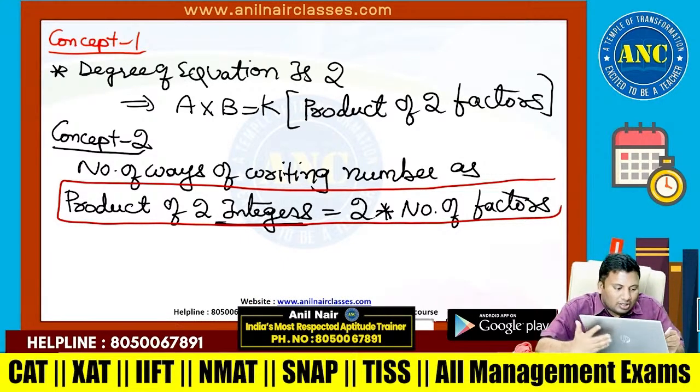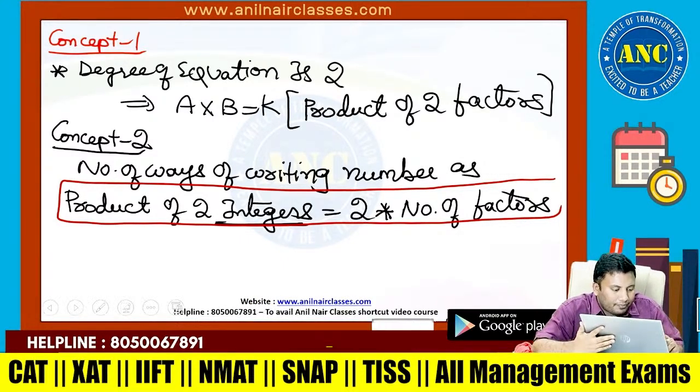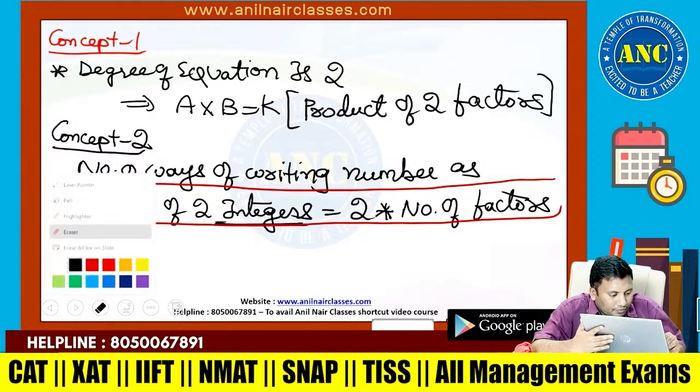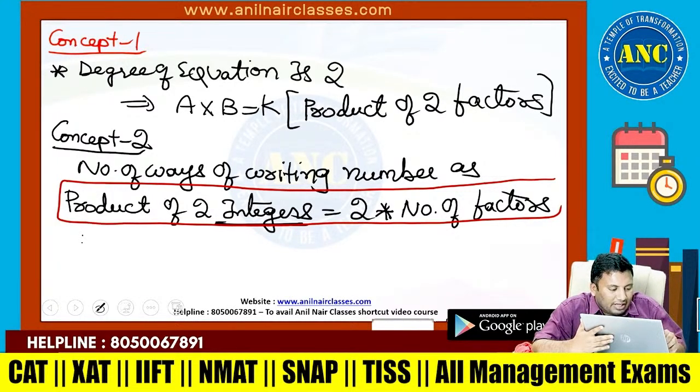Why is it twice? Example: let me take a smaller number, 6, because the gap is less. 1 into 6, 2 into 3.